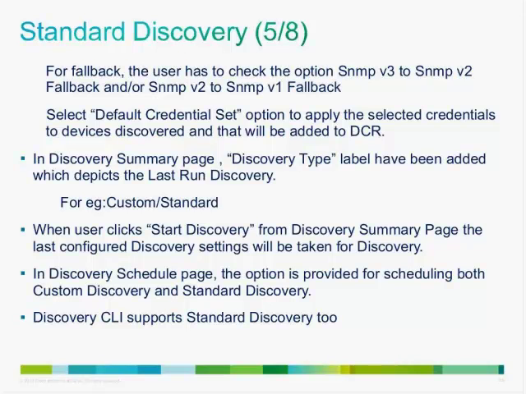The default credential set option is applied to the discovered devices, and that will be added to DCR. We can make a set of credentials and use that default credential set.